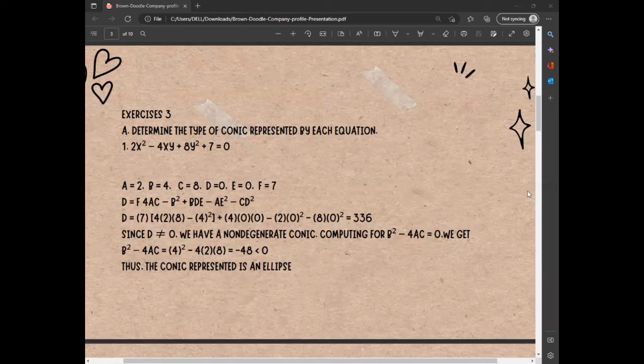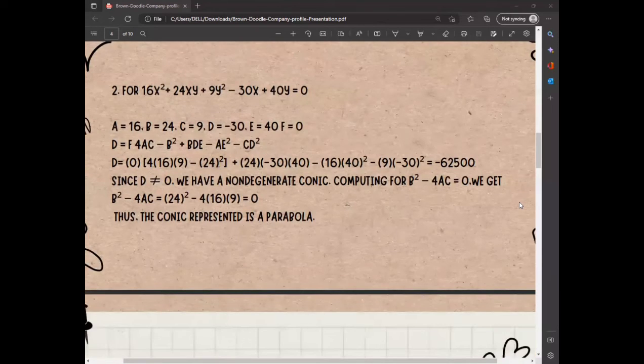So, we compute b squared minus 4ac, which is 4 squared minus 4 times 2 times 8, equal to negative 48. This is less than 0. So, what is represented is an ellipse.